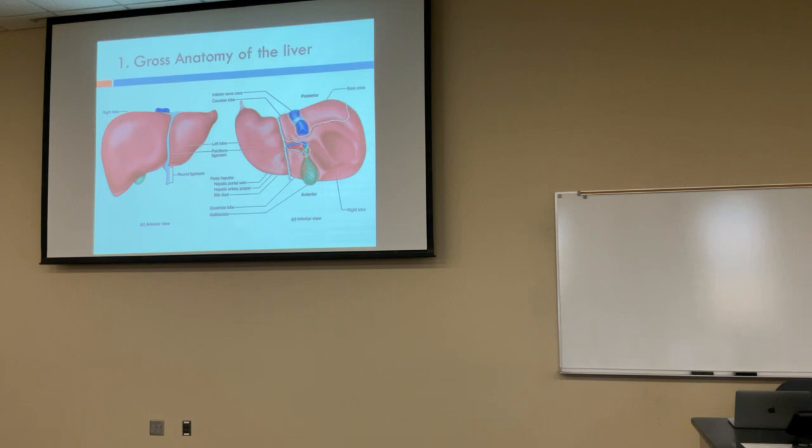Internally, the liver is divided up into thin sheets of tissue called hepatic plates. And the cells that make up those hepatic plates secrete bile into the spaces between the hepatic plates. And that bile eventually travels through small bile ducts and eventually is released into the duodenum.